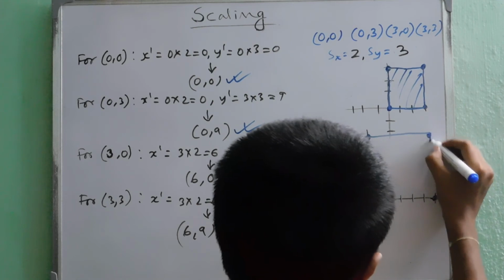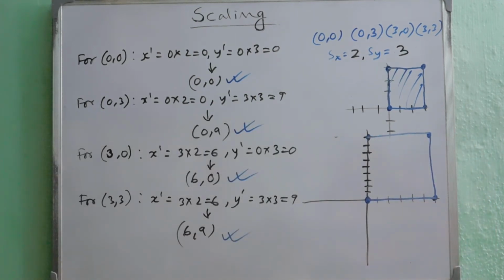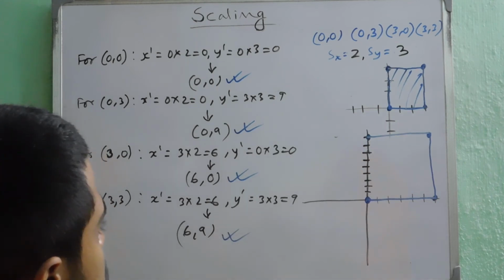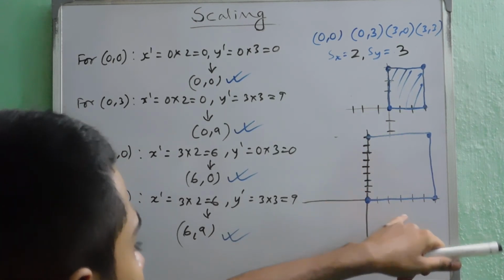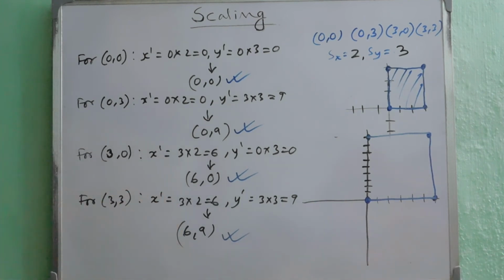Okay, so this has become a rectangle, because the distance between the points on the y-axis and the distance between the points on the x-axis are completely different.